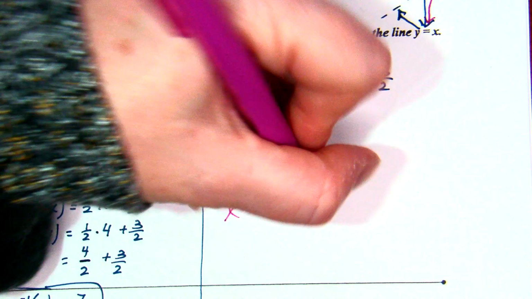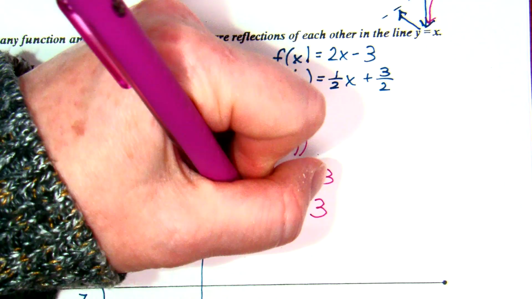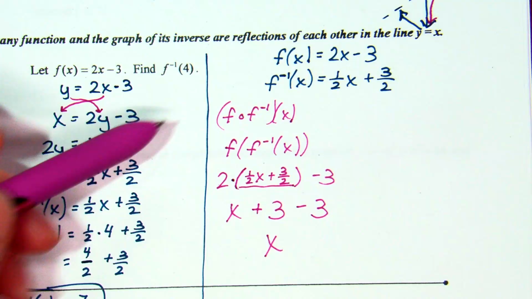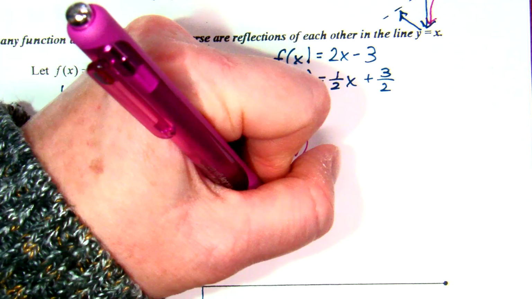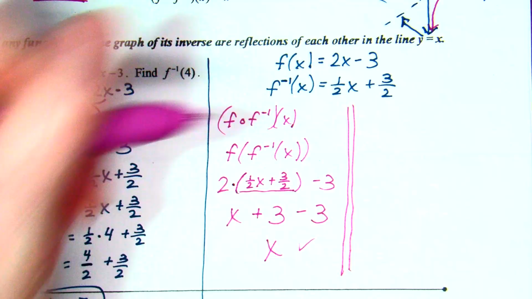It's just 3, and we still have a minus 3 out there. What do you know about 3 minus 3? 0, and so we're just left with x. So is that what we wanted to happen? Yeah, that shows one-to-oneness. Again, if it truly works, it has to go the other way too.